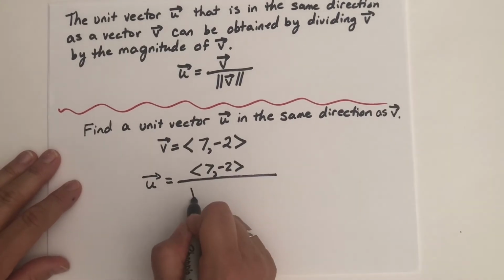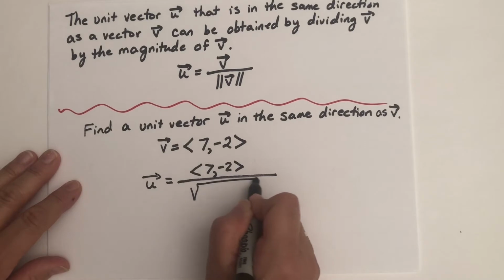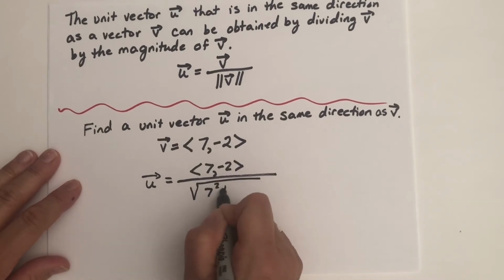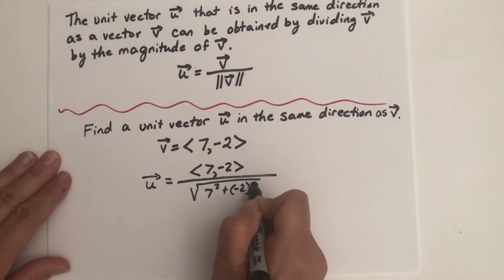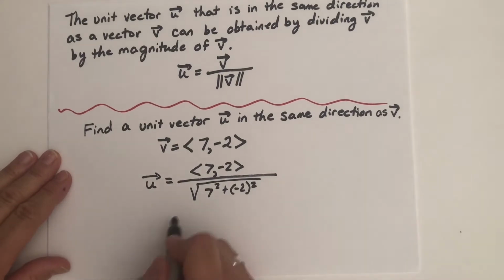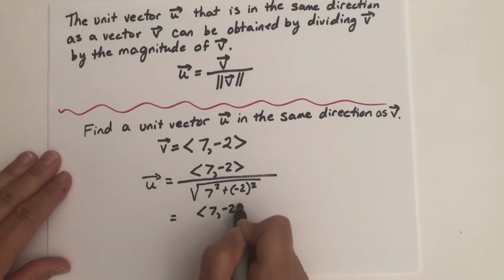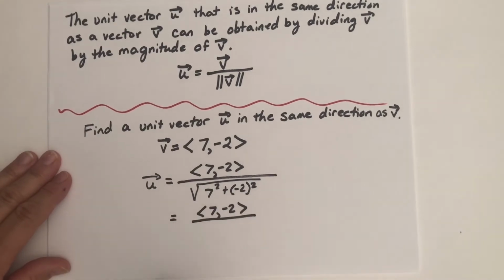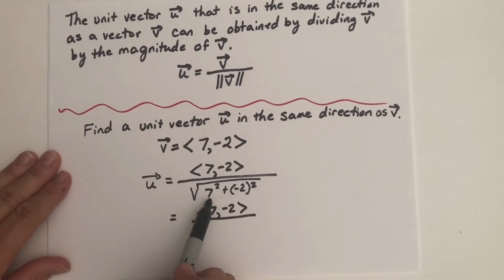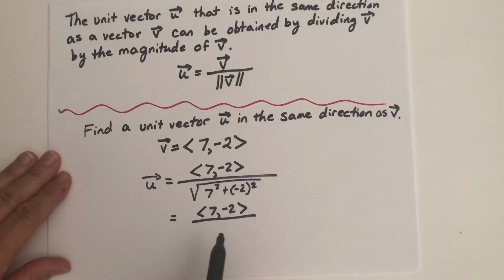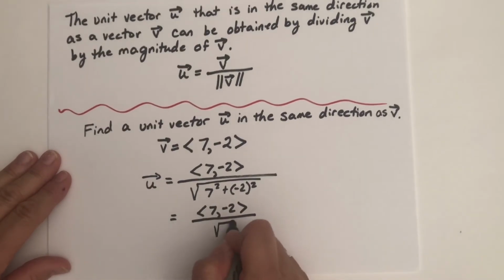So we take the square root of 7 squared plus -2 squared. Let's simplify. So we have the vector ⟨7, -2⟩ that is being divided by, what's that value? The square root of 49 plus 4, that's the square root of 53.